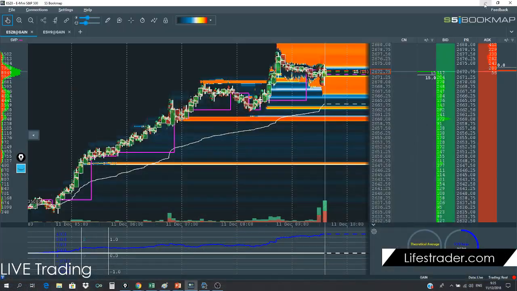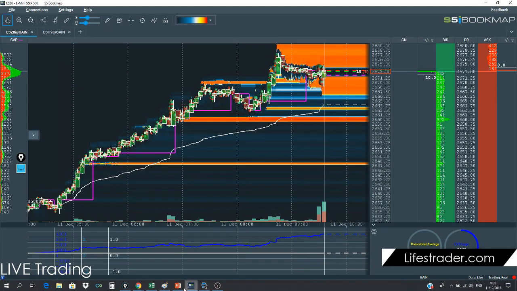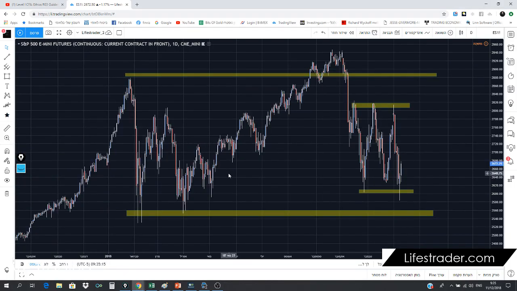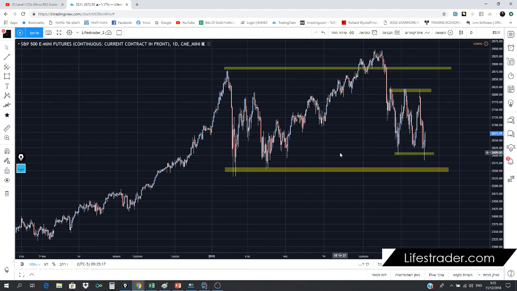Let's start with the trading plan for today. What we are looking at today is the levels of yesterday.